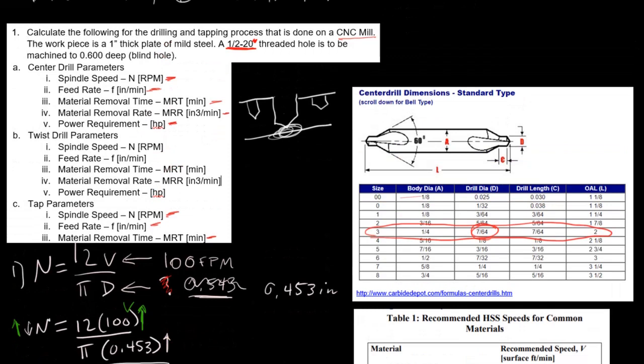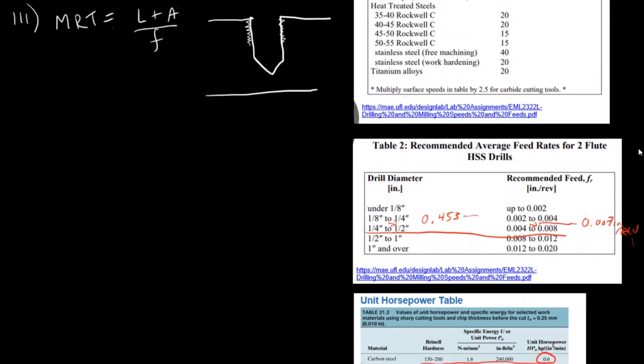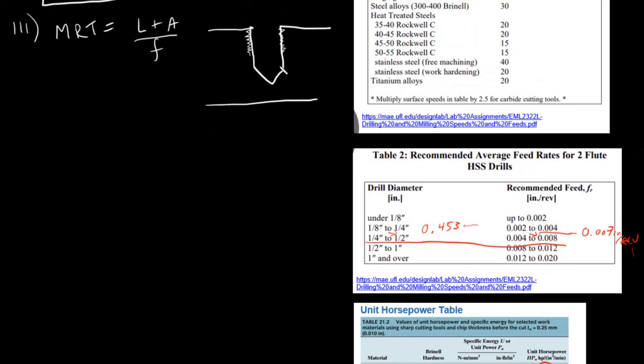So our threads needed to be 0.6. That's where the inches should be. Oh, this is just riddled with issues. All right, forgive me. So machine to 0.6 inches deep. Okay, so the threads need to be to 0.6.